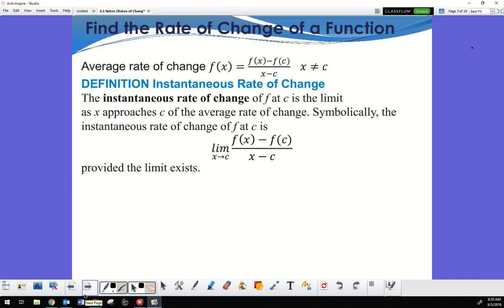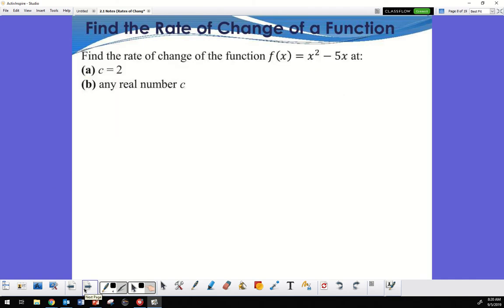All right, so, next one. Find the rate of change of this function right here at c, any real number of c. So it's basically taking the limit, right? What does it say? Sorry, YouTube land, had to line up my board, it wasn't working.